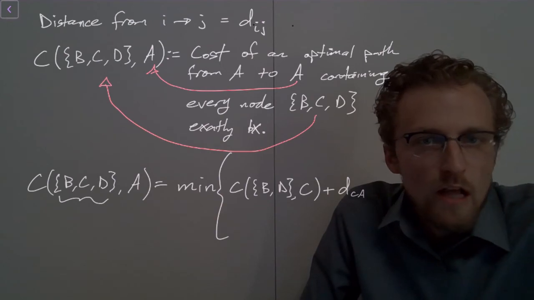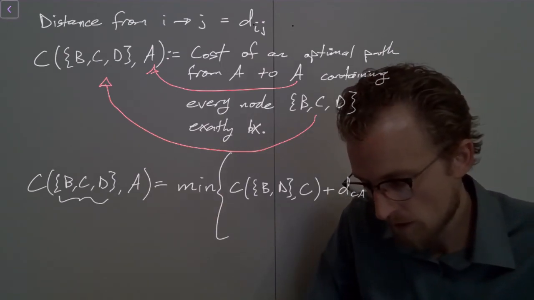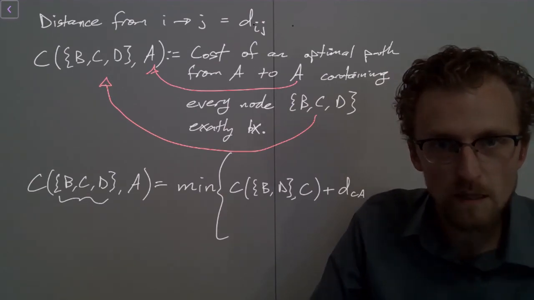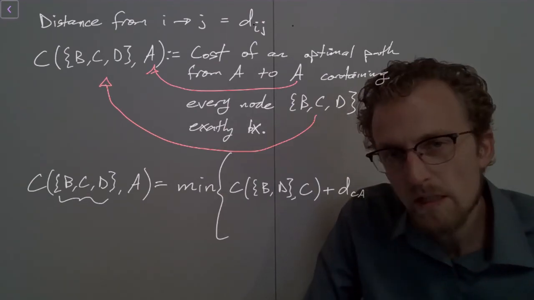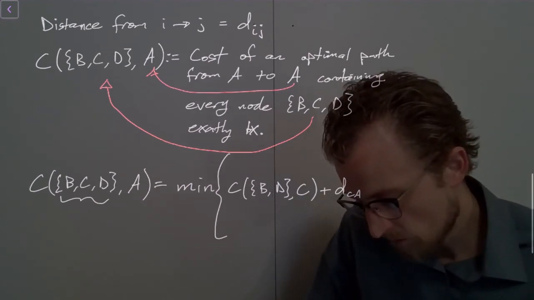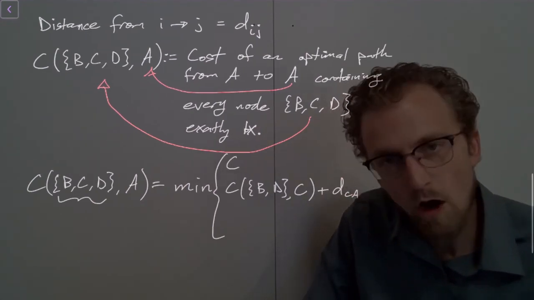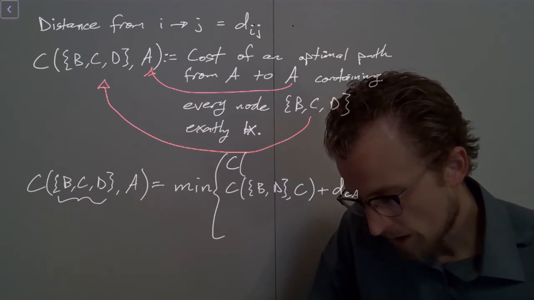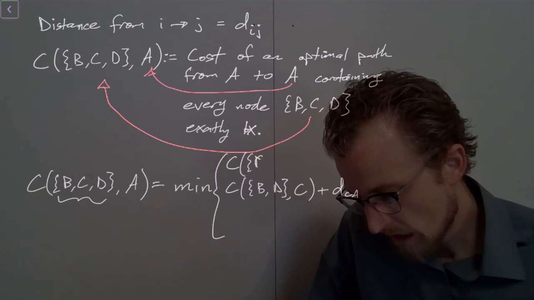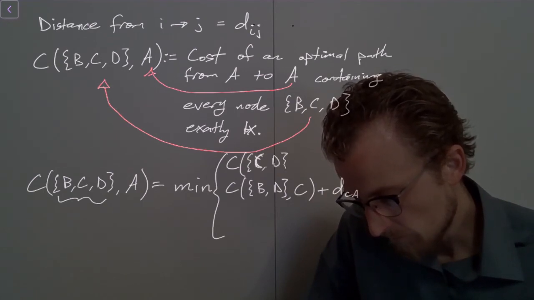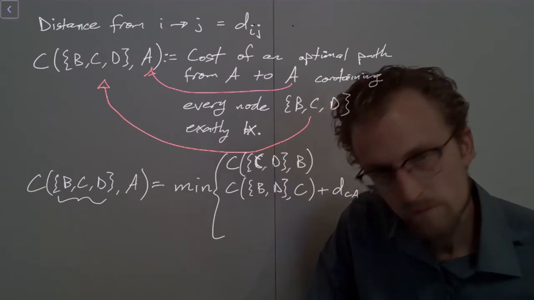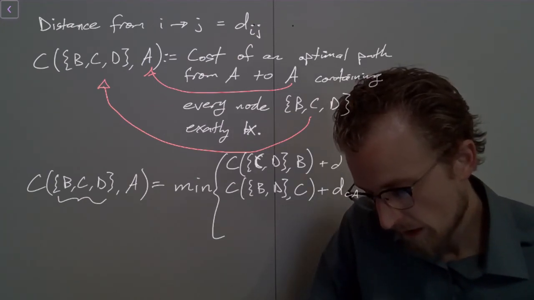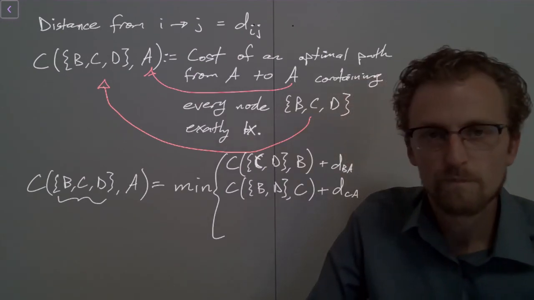And we can just generalize this to the other nodes as well, right? So that middle one there is what happens if C is the penultimate node, but it could be that B is the penultimate node, in which case the overall minimum cost path is equal to the cost of the path passing through C and D, ending on B, plus the distance from B to A. Right, the distance from B back to the start.